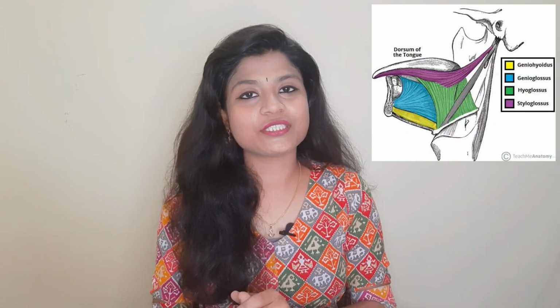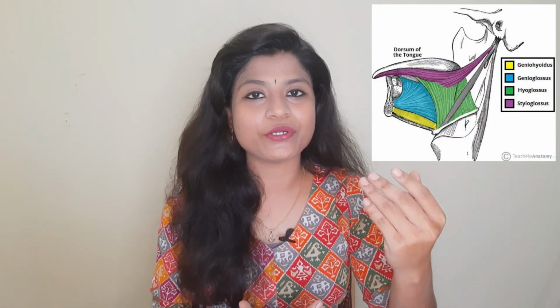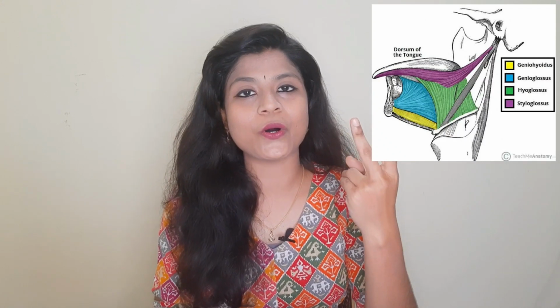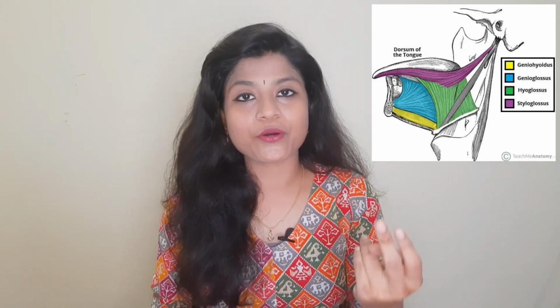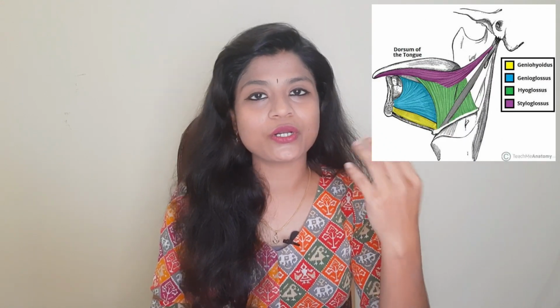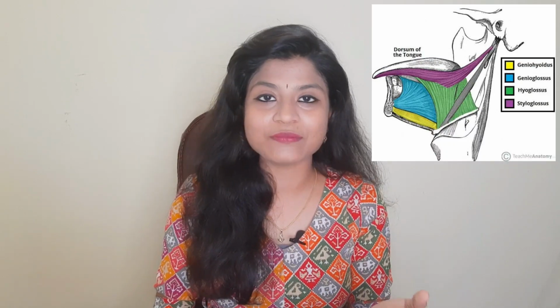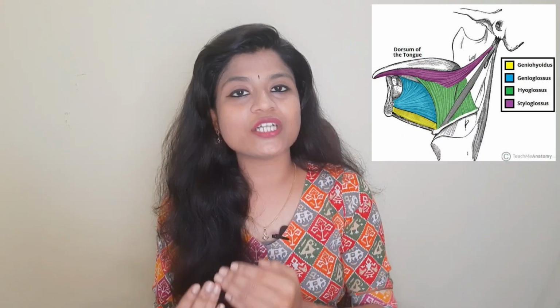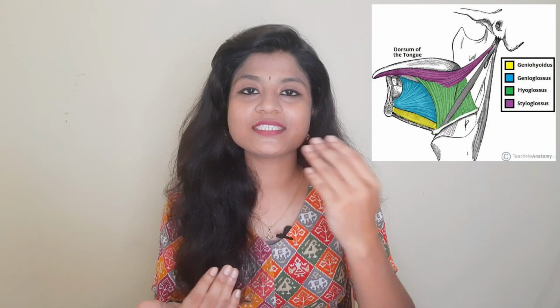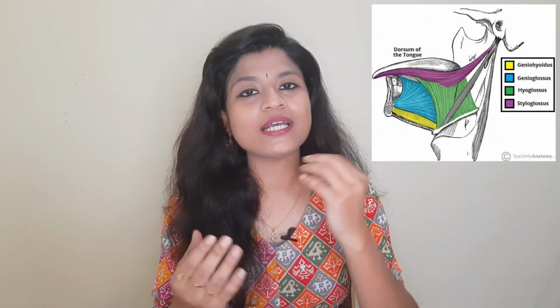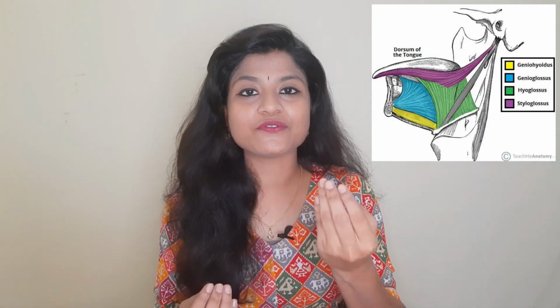First, let's see the extrinsic muscles, their origin. As the name suggests, the origin and attachment are described. The genioglossus starts from the genial tubercles to the glossus, that is the tongue.